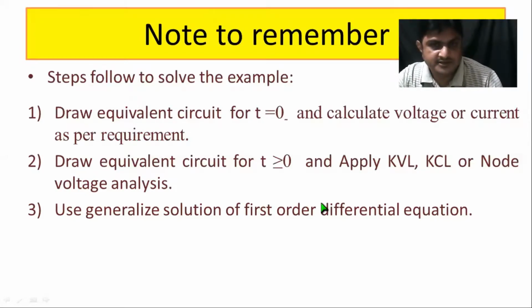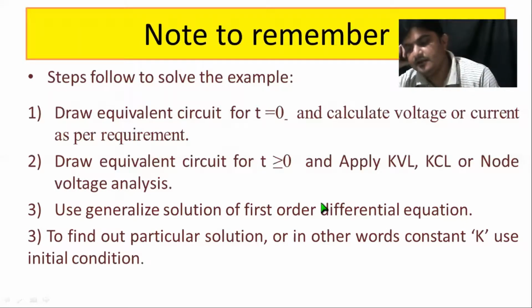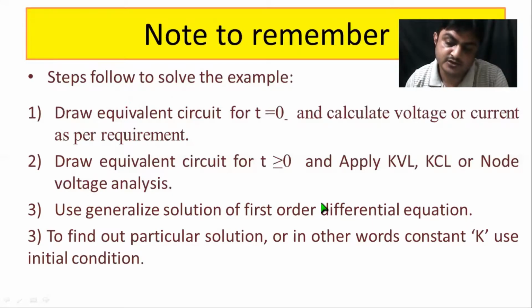When solving this equation, we have one constant k, whose value you have to calculate by considering the initial condition, most of the time t equal to 0. When you calculate the value of the constant k and put it in the generalized solution, that answer is known as the particular solution.